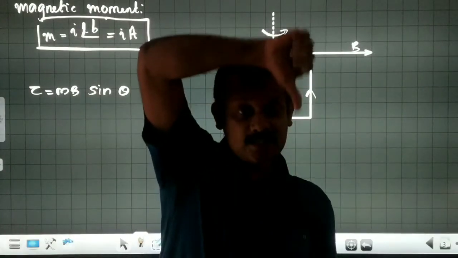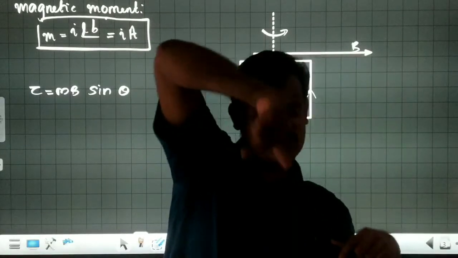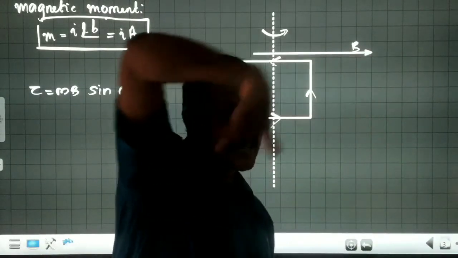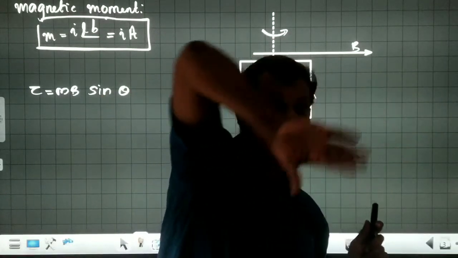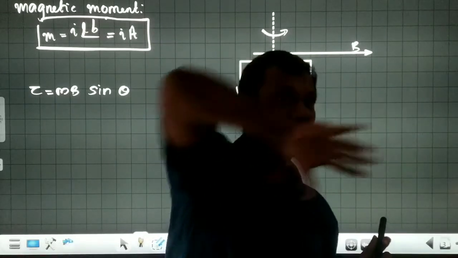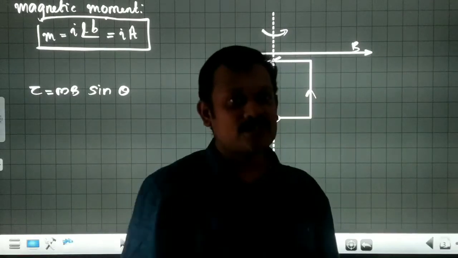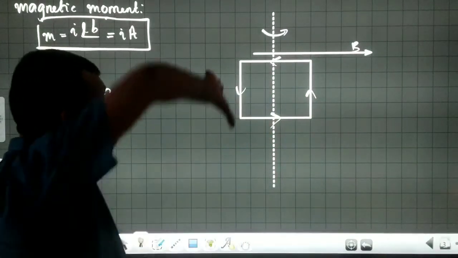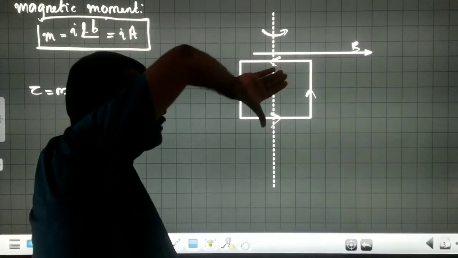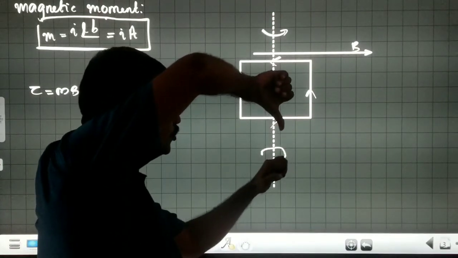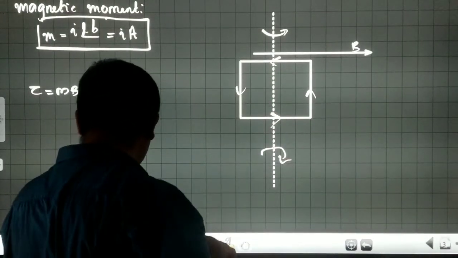B cross M means the sense of rotation is like this. Is it the sense mentioned here? The sense is likewise here. Now M cross B: this is B, this is M. M cross B gives the sense of rotation likewise.